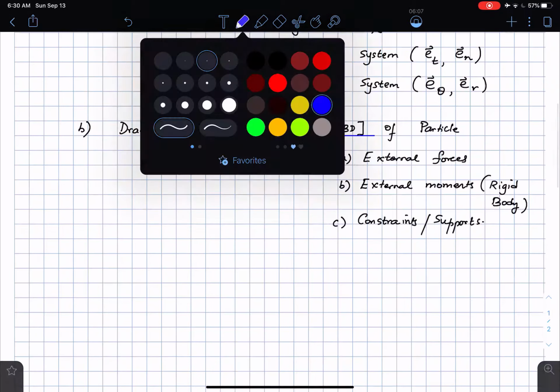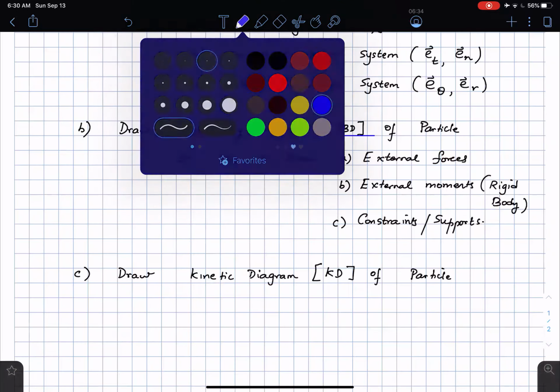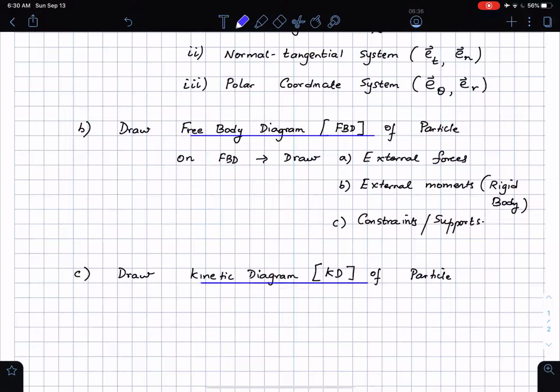The third step comes where there's a slight change from your statics. We draw what is called the kinetic diagram of the particle, which I'm going to call the KD of the particle. Here is what you do in the kinetic diagram typically.